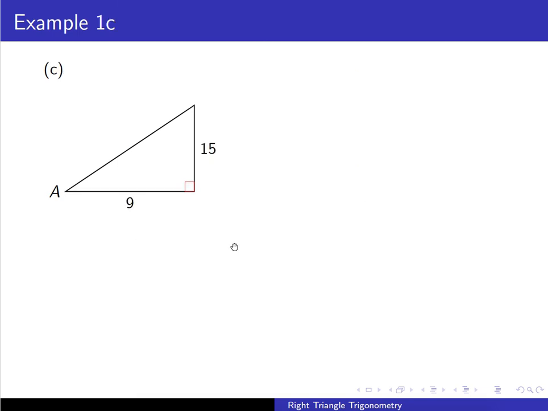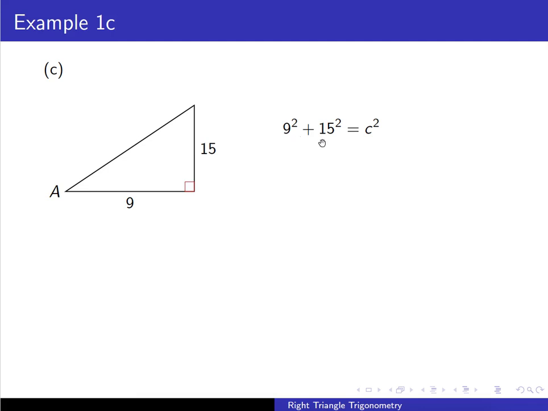All right, example 1c. Notice in example 1c we have the opposite side of angle A and we have the adjacent side of angle A. We're missing the hypotenuse. So we need to calculate the length of the hypotenuse. And to do that, we're going to use the Pythagorean theorem with 9 squared plus 15 squared equals c squared.